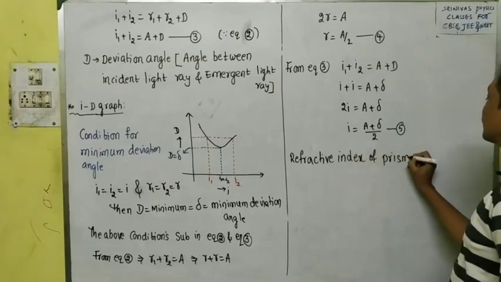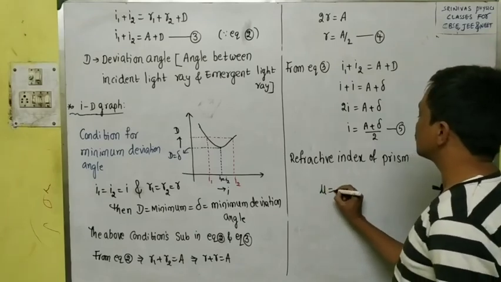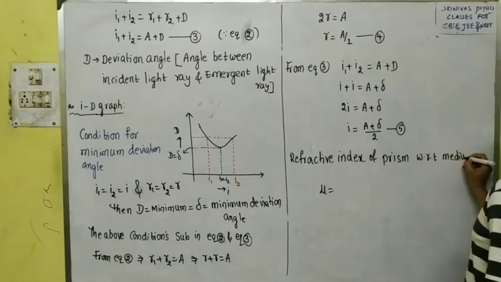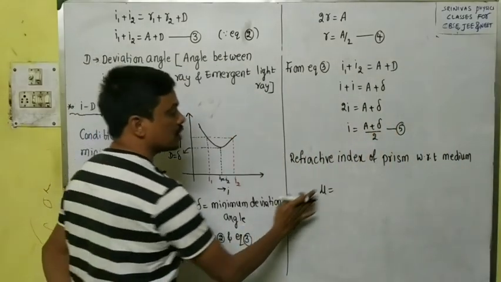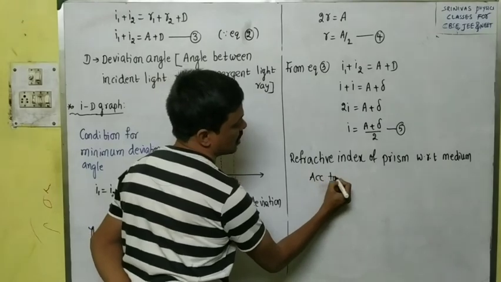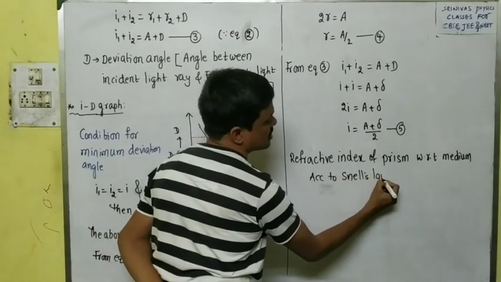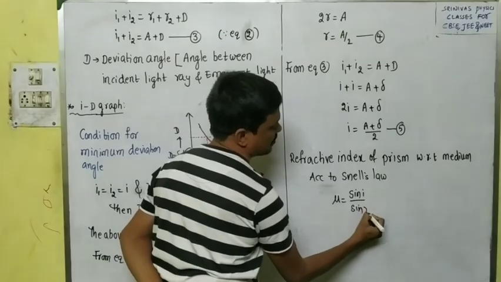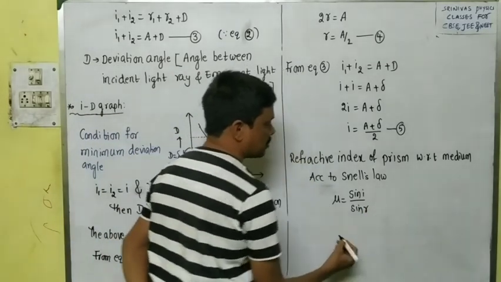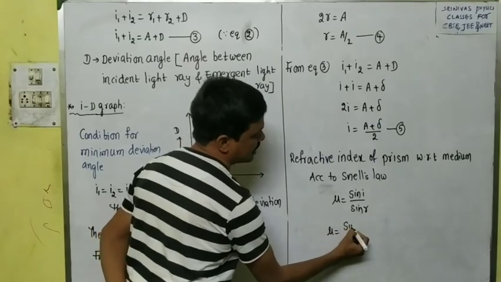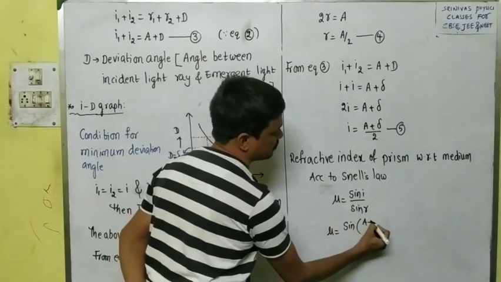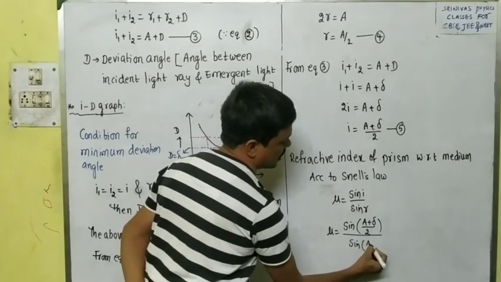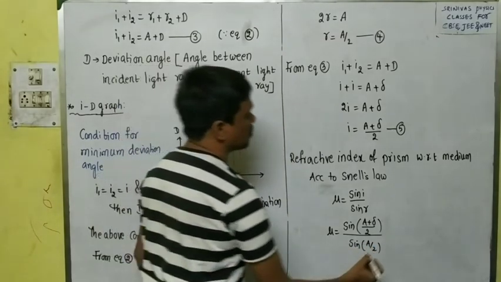We know the refractive index of the prism, nu, is with respect to the medium. According to Snell's law, nu is equal to sin I by sin R. Here sin I is sin of (A plus delta) by 2, and sin R is sin of A by 2. This is equation 6.